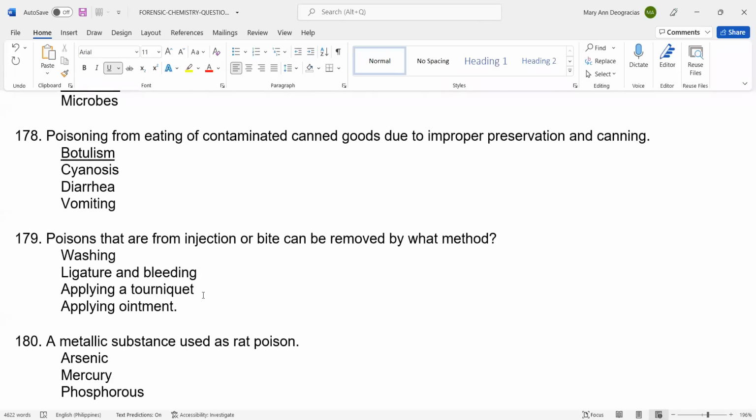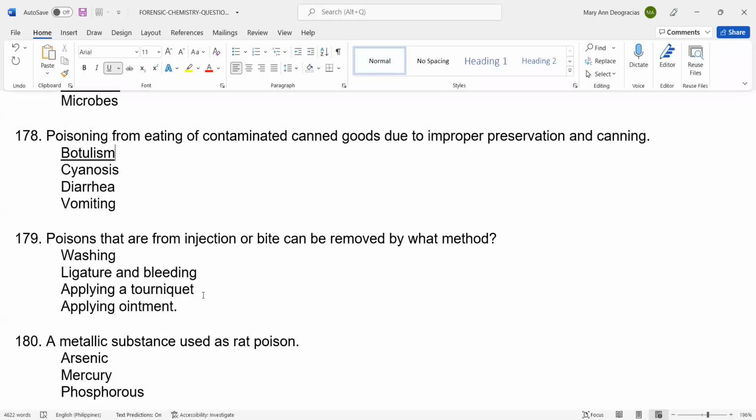Poisons that are from injection or bite can be removed by what method? A, washing, B, ligature and bleeding, C, applying a tourniquet, D, applying ointment. O tanggalin nyo na yung ointment dyan. Eliminate nyo na si ointment. Which is the answer?